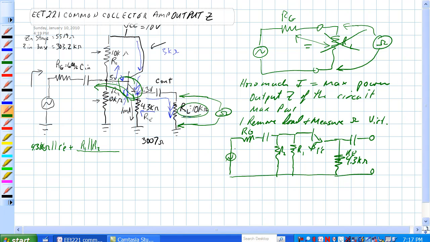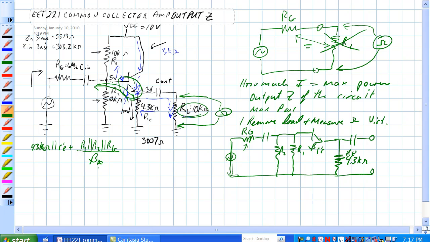And according to this, if there's a short right here, then RG parallel with RG over beta DC.